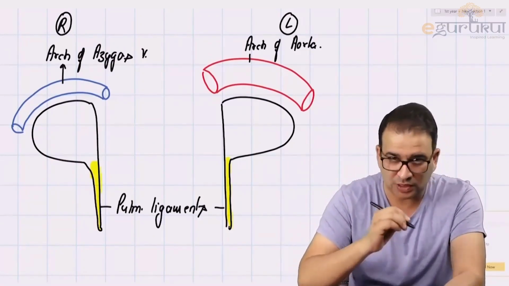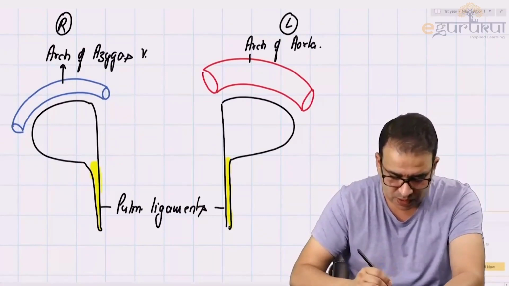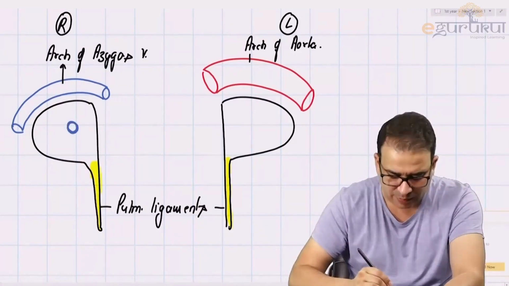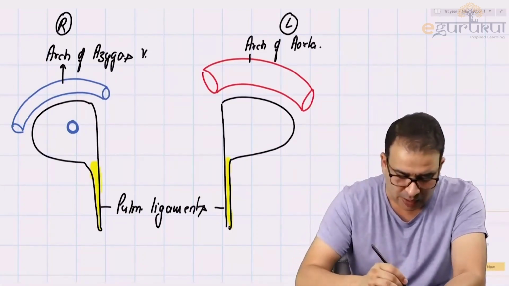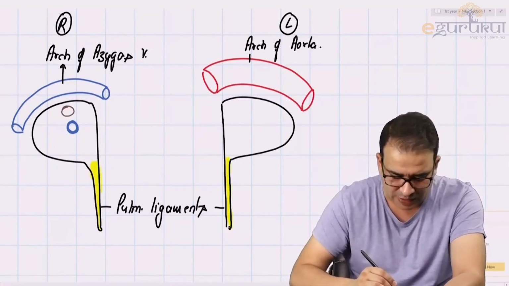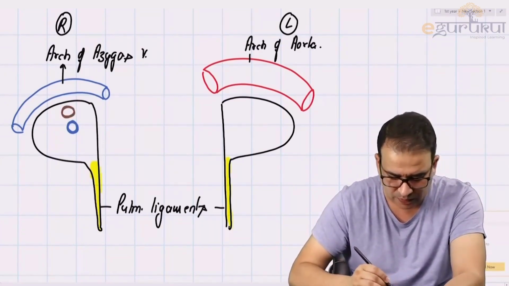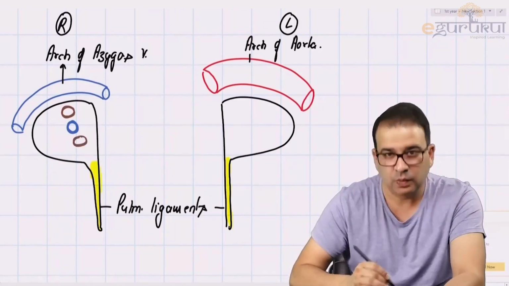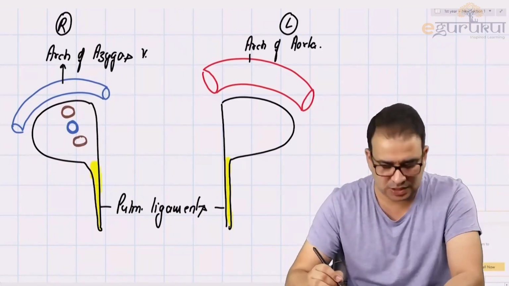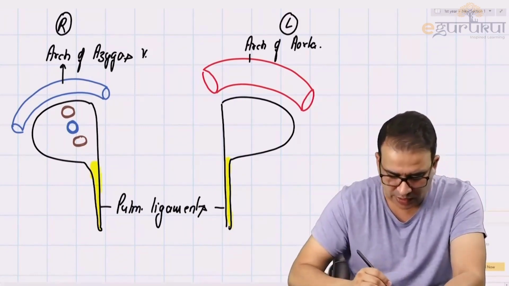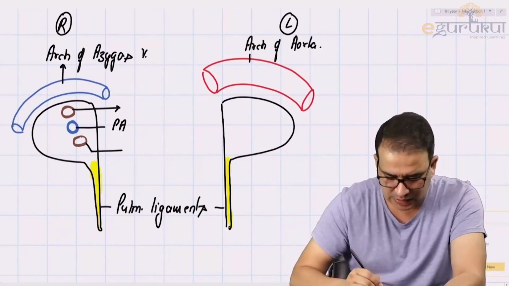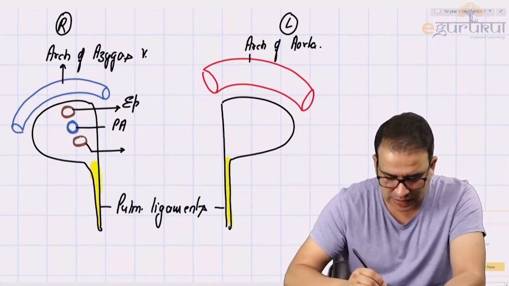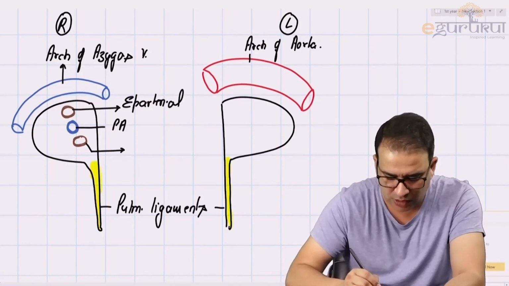So what I'm saying is, when you look at the right root of the lung, you'll be looking at this pulmonary artery. I'm drawing the pulmonary artery in blue here. Above and below the pulmonary artery, we have these bronchi. We have a bronchus above and a bronchus below. As you can see, the bronchus above the artery is called the eparterial bronchus.